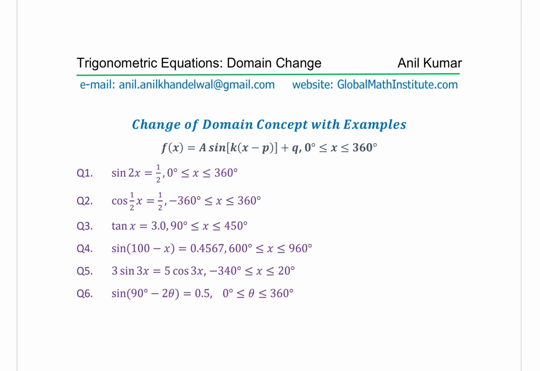In this exercise, we began with 0 to 360 degrees, minus 360 to plus 360, 90 to 450, 600 to 960, minus 340 to 20, and then again 0 to 360, but we changed the argument considerably. So I hope with that combination you are well prepared for your own test.